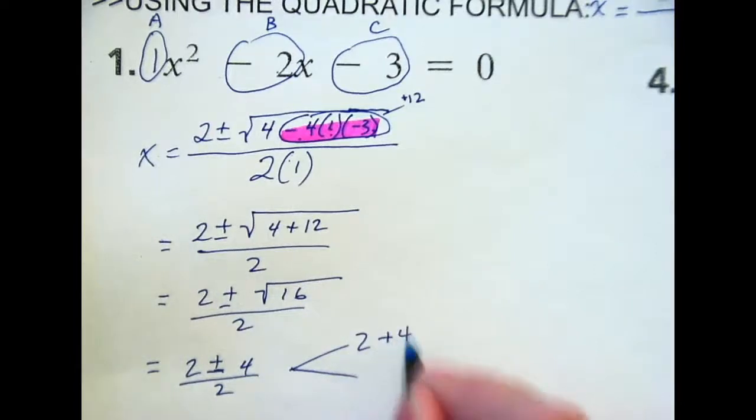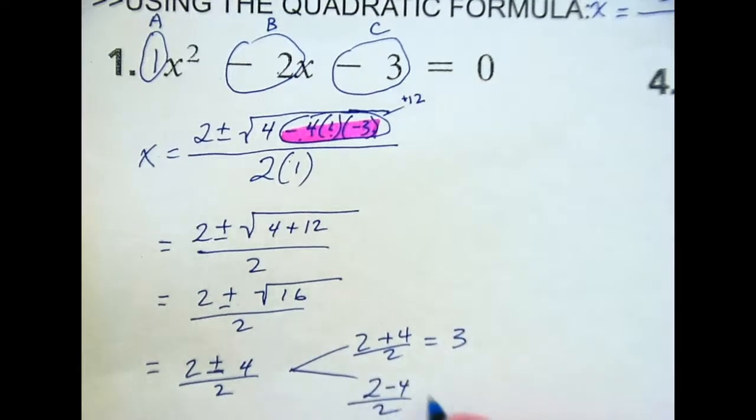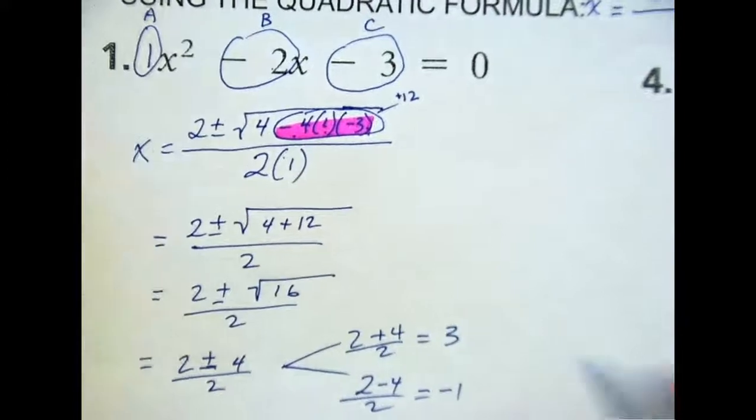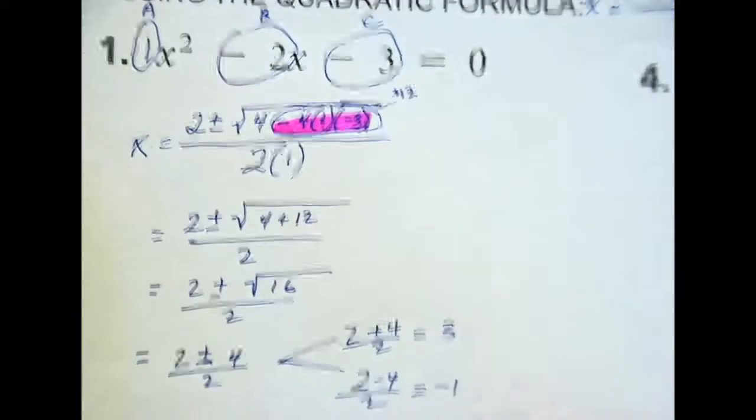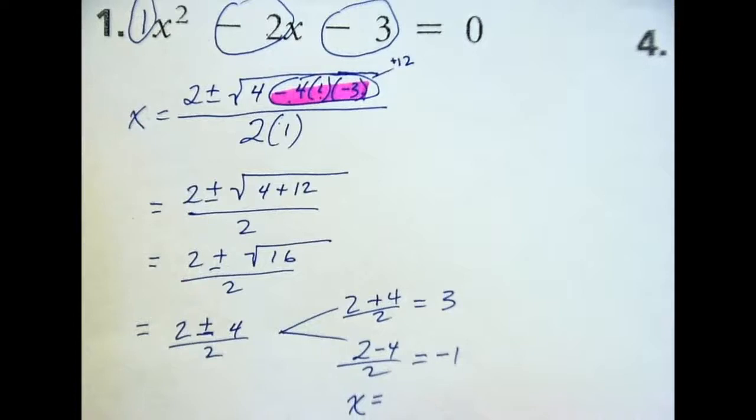I have 2 plus 4 over 2, which is 6 over 2, or 3, and 2 minus 4 over 2, or negative 2 over 2, which is negative 1. Once again, we knew that going in because we could factor that. So my solutions: x equals the set containing negative 1 and 3. Cool.